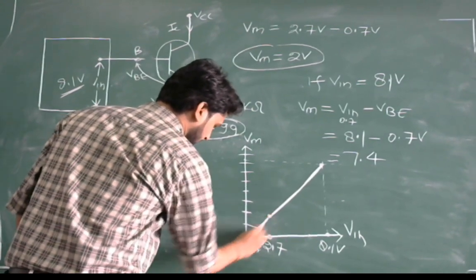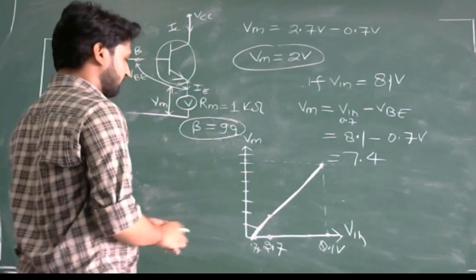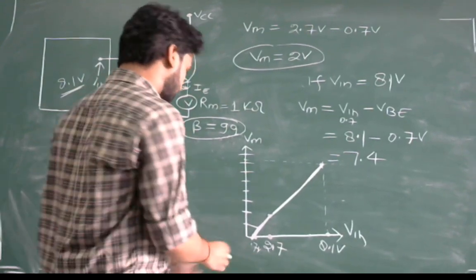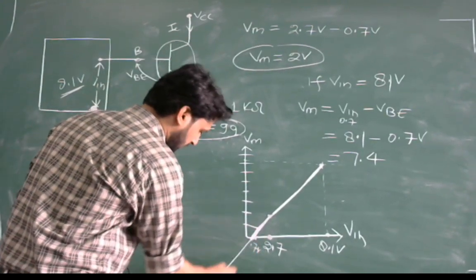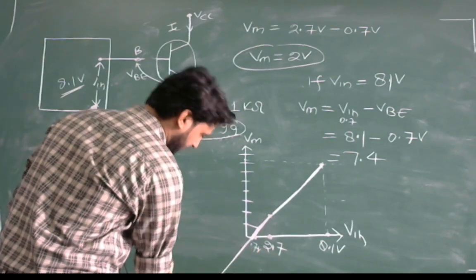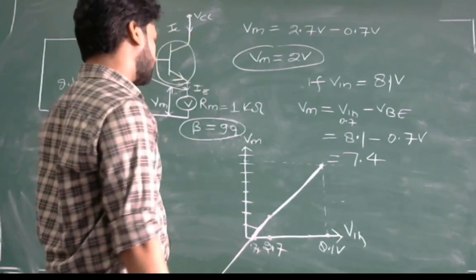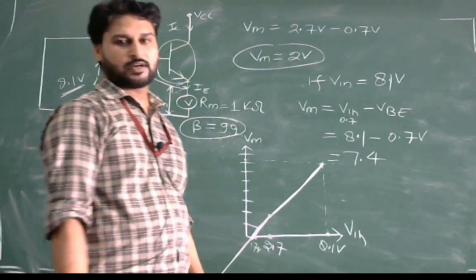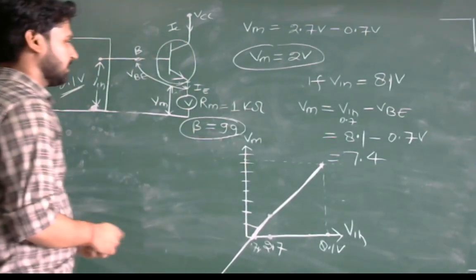That means this curve is not passing through the origin. It shows that the relation between input and output is not linear in this case.